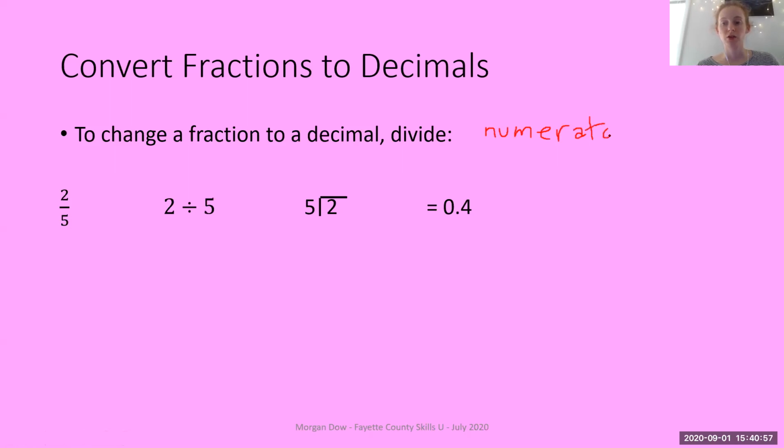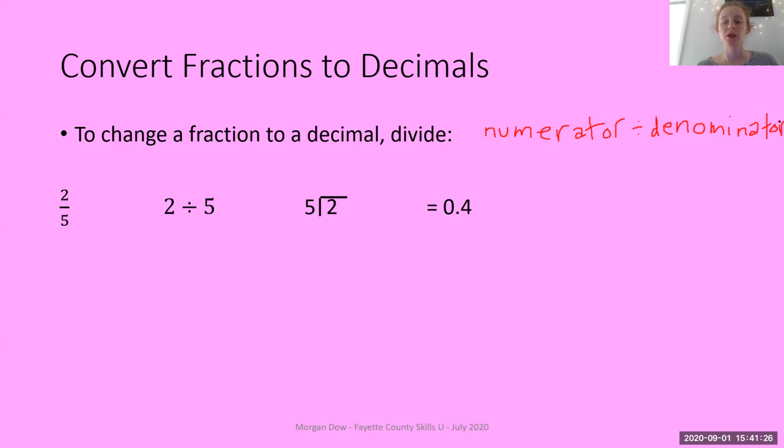If we want to take 2/5 and change it into a decimal, what we do is we think of it as division. So we think to ourselves 2 divided by 5. Sometimes people have trouble thinking about how it's possible to take a smaller number and divide it by a larger number.